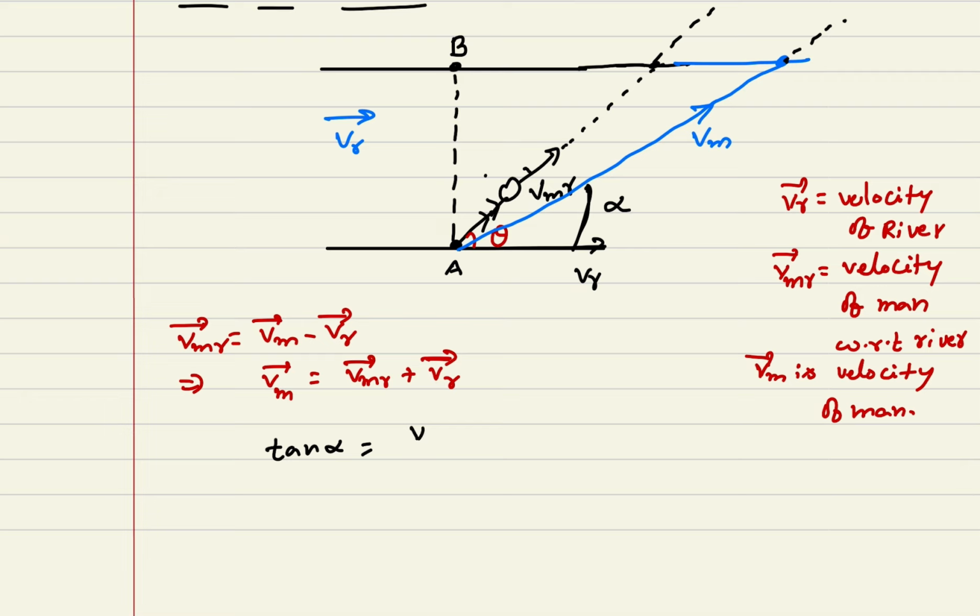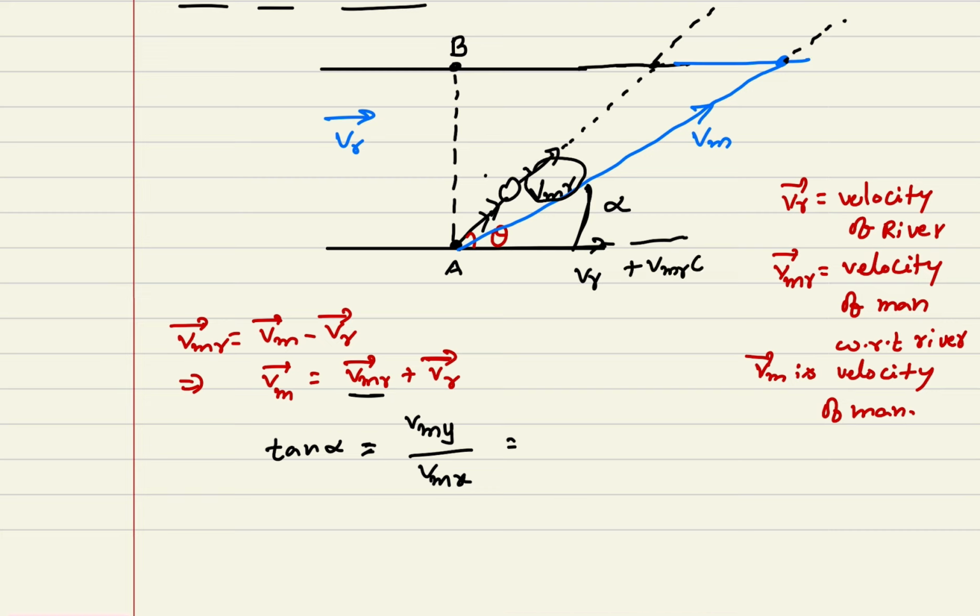So tan alpha can be written as the velocity of the man along the y-axis divided by the velocity of the man along the x-axis.